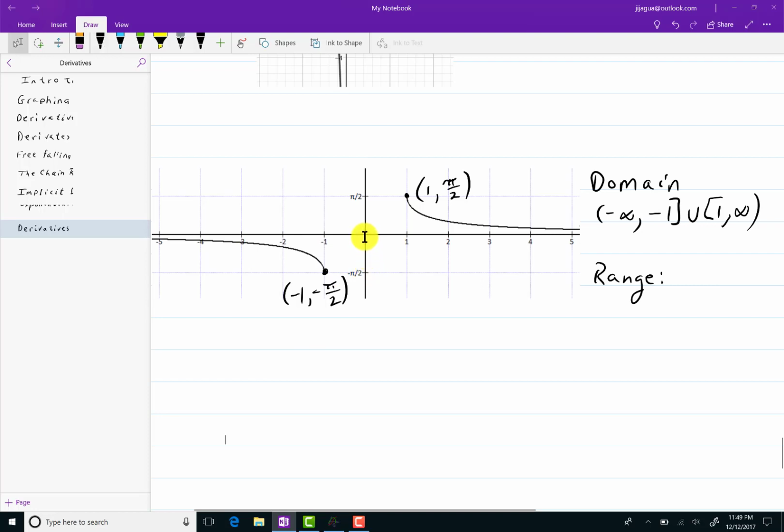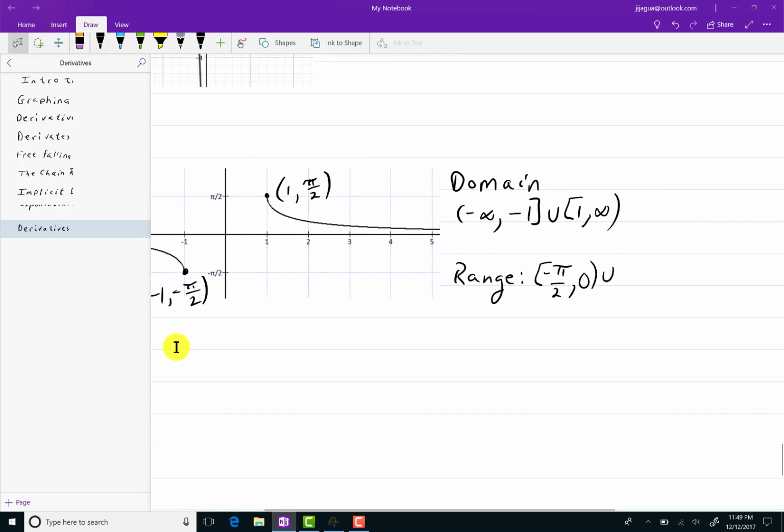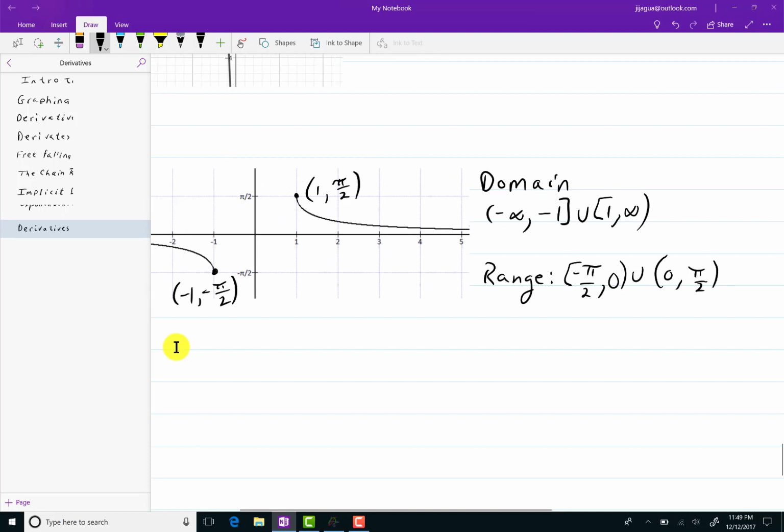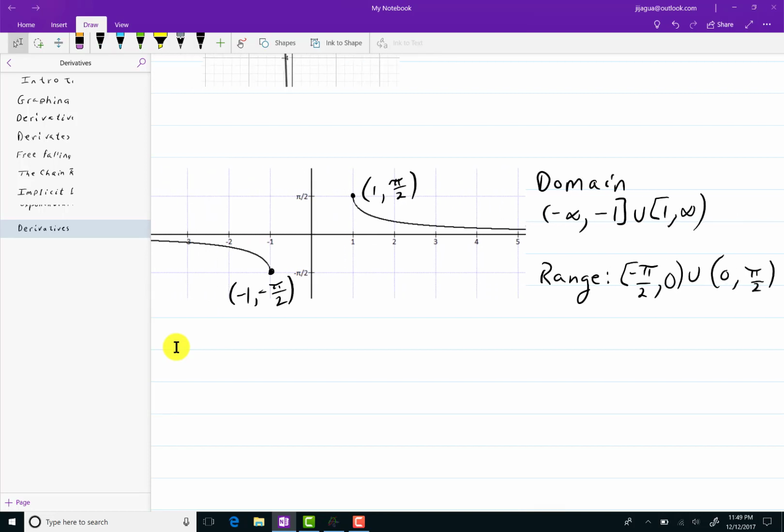It doesn't actually have 0 because it doesn't touch the x-axis, but then from 0 to pi/2. So -pi/2 to 0, union 0 to pi/2. Got it. Alright, and horizontal asymptote is y equals 0.